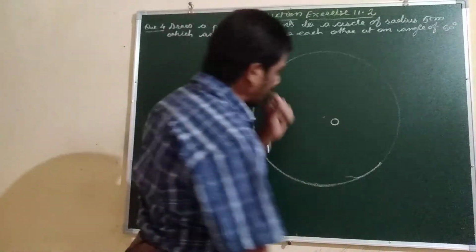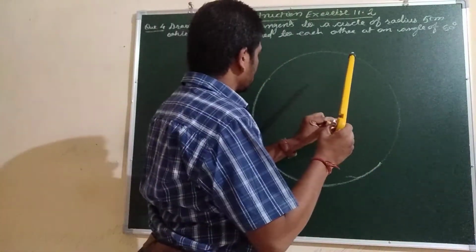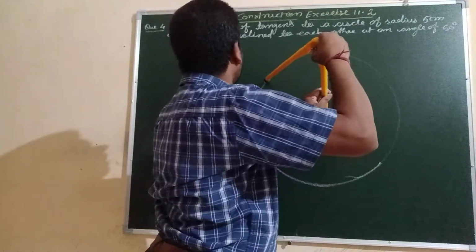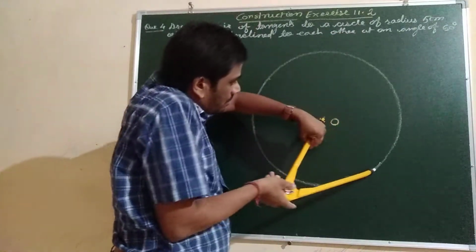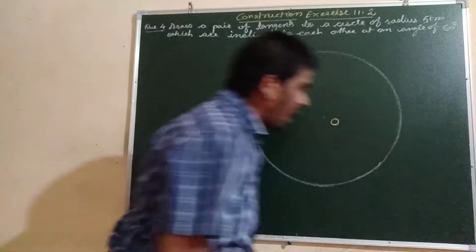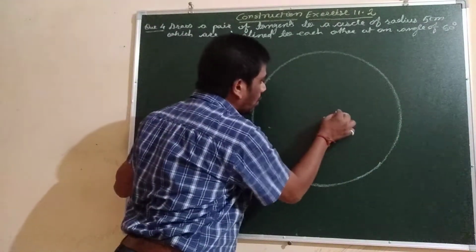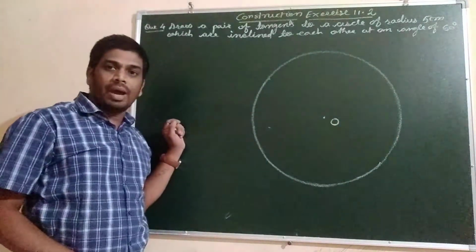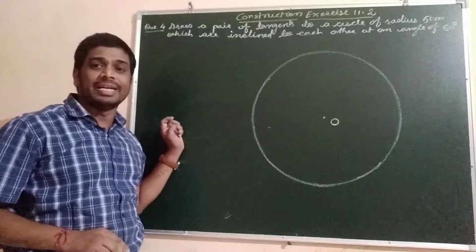Okay, this is a circle with center O and radius 5 centimeter. Now at the center O, we have to make a 120 degree angle.